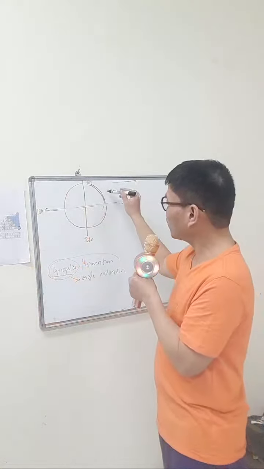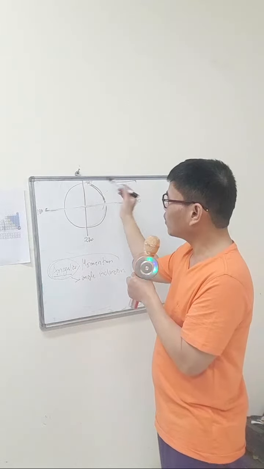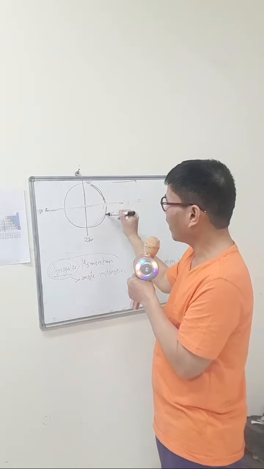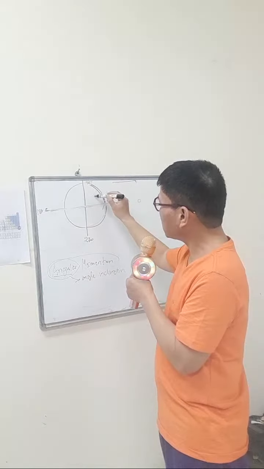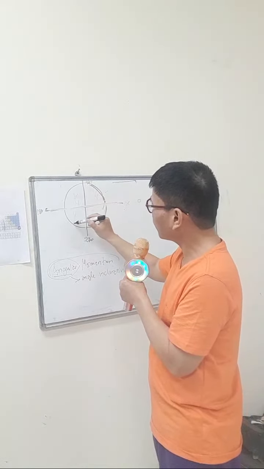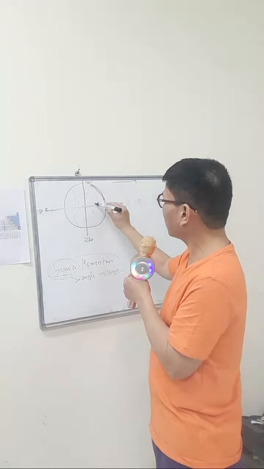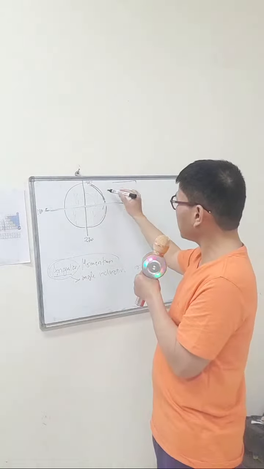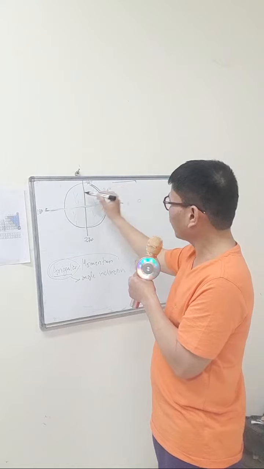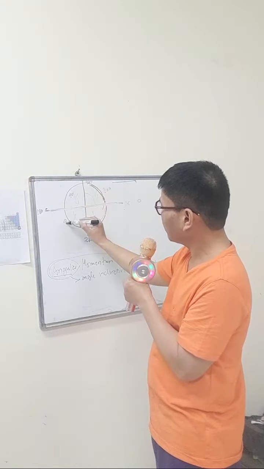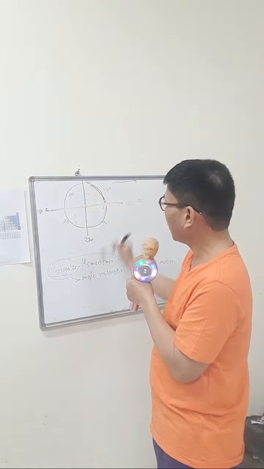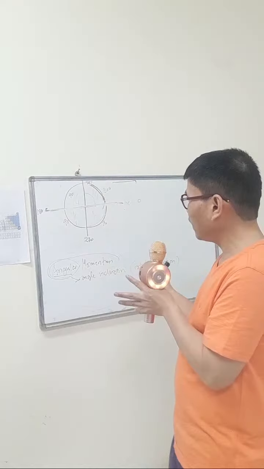So 1/4 for your son, 1/4 for your daughter, husband and wife. So your 1/4 is going to be 90 degrees here. Another 90 degrees here, another 90 degrees here, another 90 degrees here. Now this is the angle of inclination.